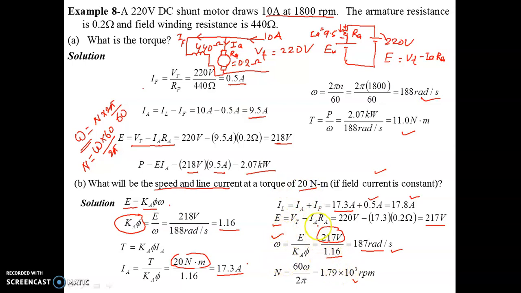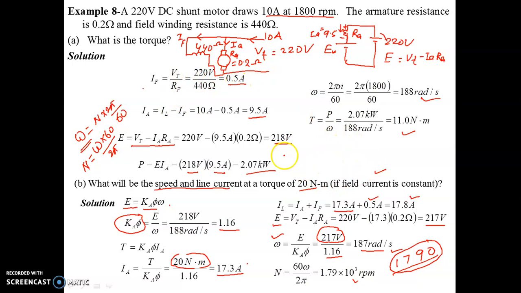So you see here a speed value, and here a speed value is 1790. So you can say that the speed is almost constant. Here torque is changed, but speed is almost constant.